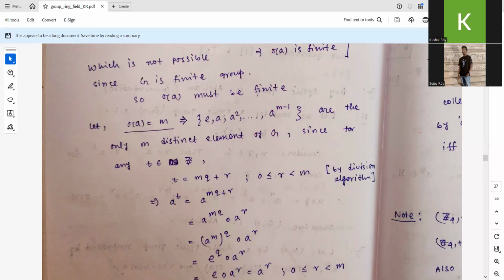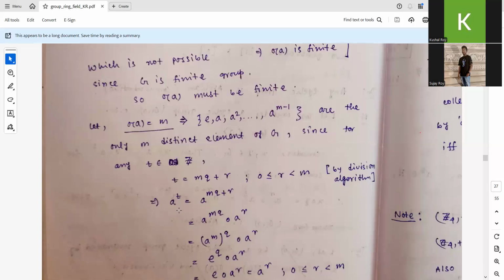By the division algorithm, t is equal to m into q plus r, where q is the quotient and r is the remainder. So r must lie between 0 and m minus 1.